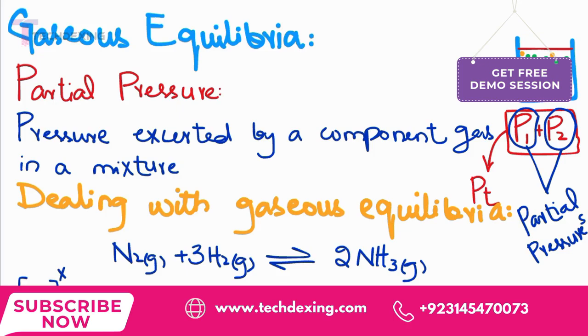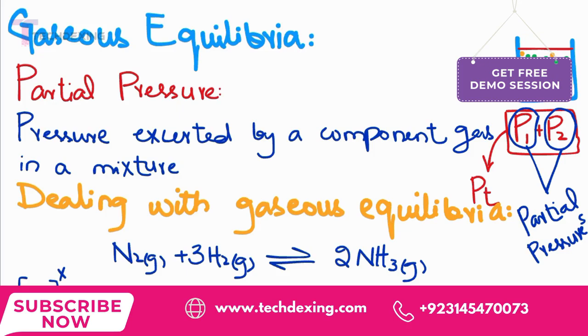In the same way, if you write the partial pressure representation for the hydrogen, you would write P, along with hydrogen as a subscript, and to represent the number of moles, you would put 3. Sorry, not 2, it's 3. Why have you put the 3 as a power on the partial pressure?